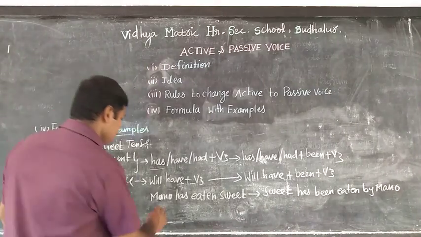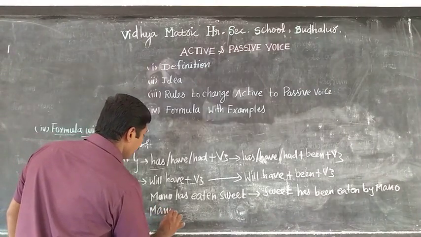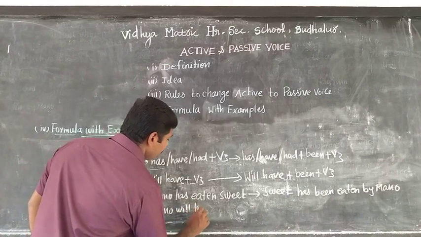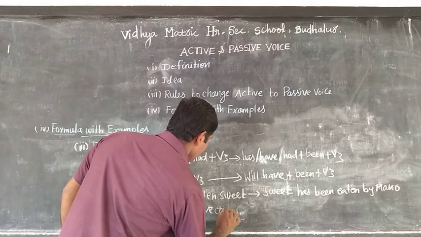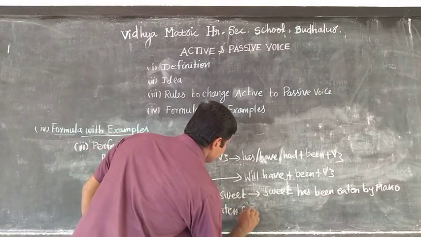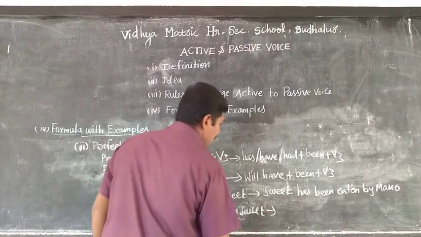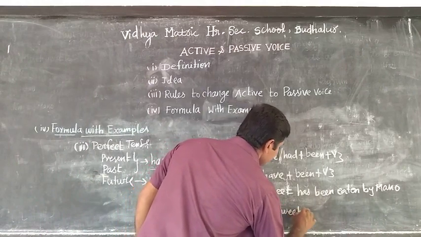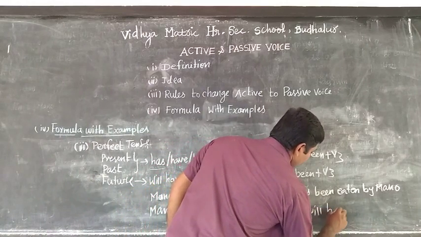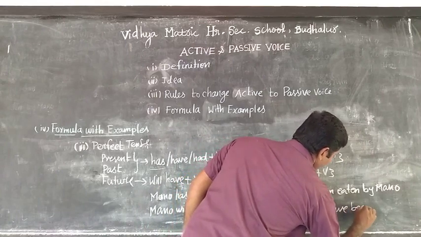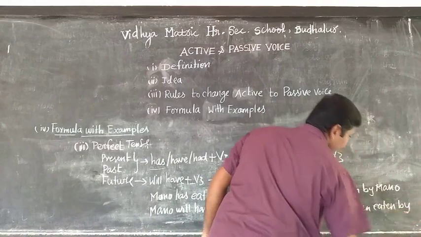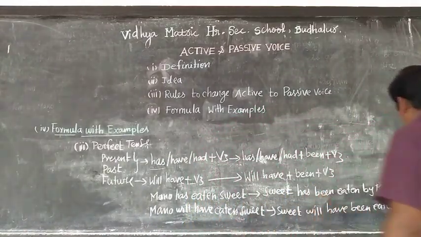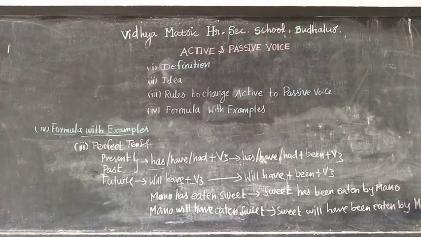Future perfect: Mano will have eaten sweet. Here, sweet will have been eaten by Mano.